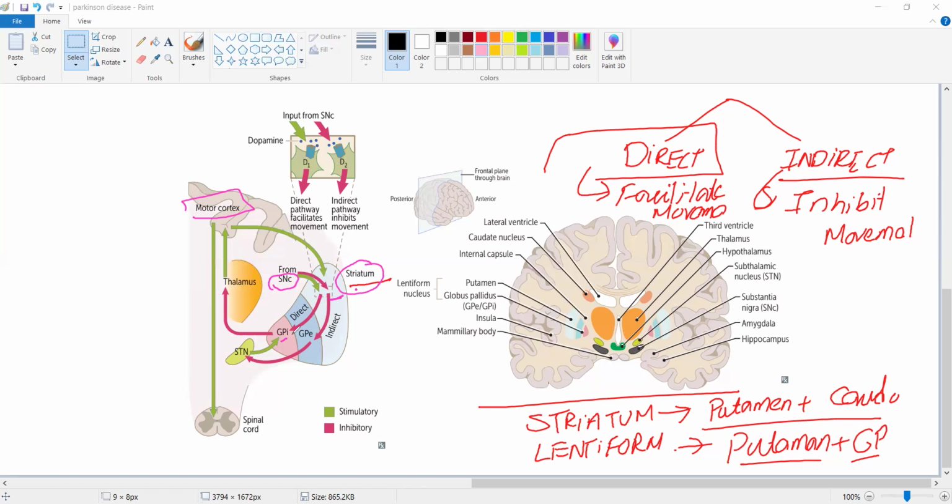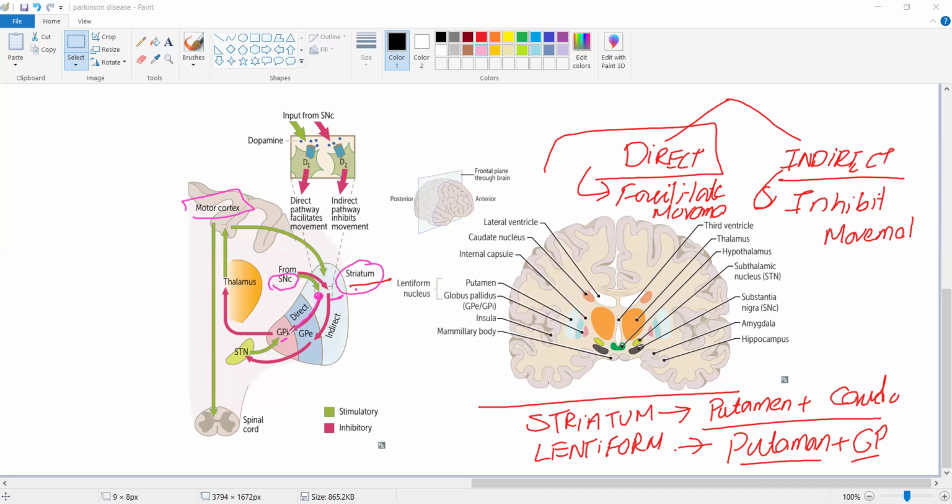So is GABA an inhibitory or excitatory neurotransmitter? It may be excitatory and may be inhibitory, but we generally consider it inhibitory, right? So if this GABA released from striatum acts directly on globus pallidus interna, it will inhibit the globus pallidus interna from releasing GABA.